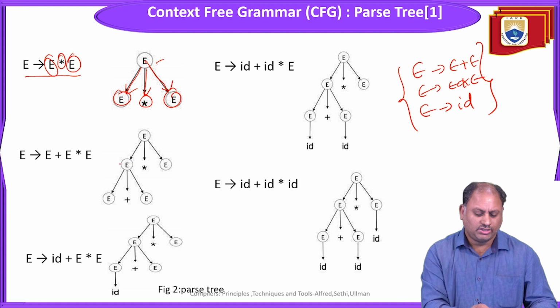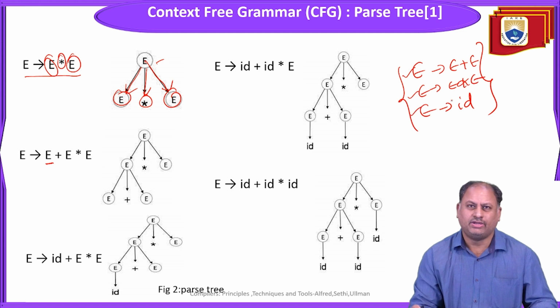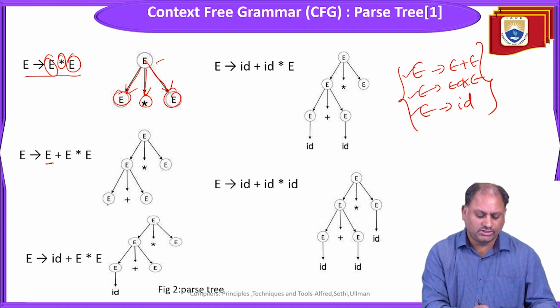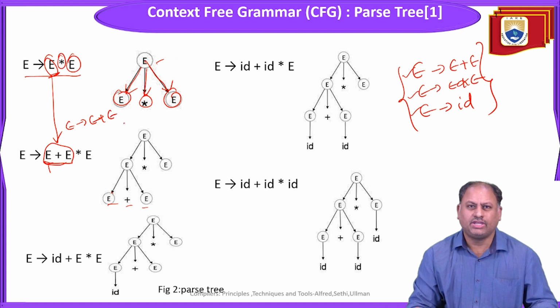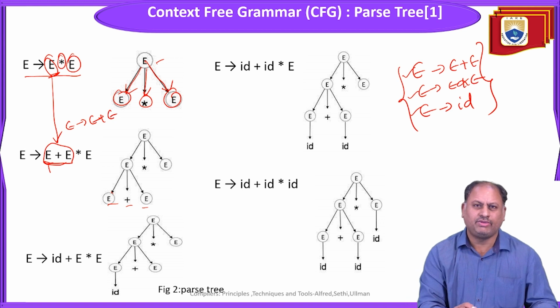Here the first E corresponds to whichever derivation is applied. Let us say we consider E plus E as the derivation. The leftmost E we consider as E plus E. So as part of E derives E plus E, we construct a new parse tree diagram based on the previous one.